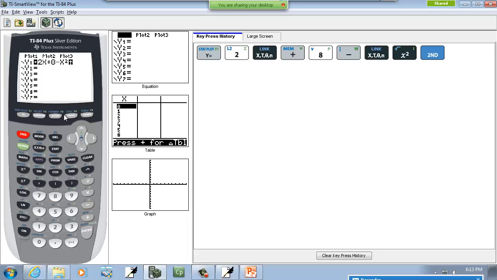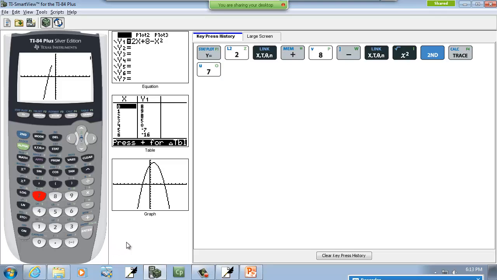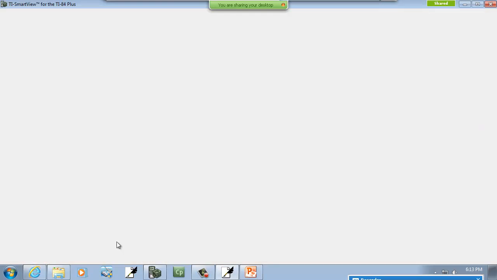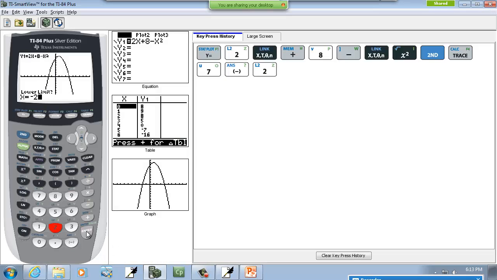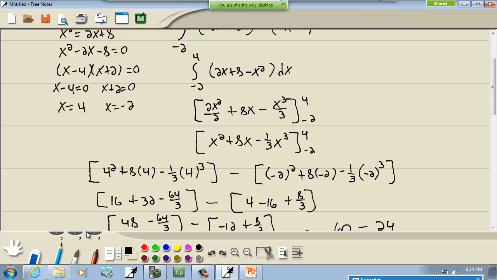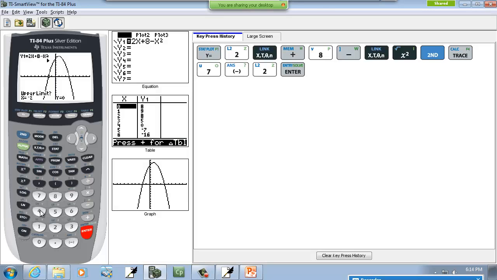And you do second, trace, and you choose the seventh one. Looks like integral. It'll come up and ask you for your lower limit. We're going to put in negative 2, enter. And then it'll come up and ask you for your upper limit, which was 4, enter. And tells you it's 36.